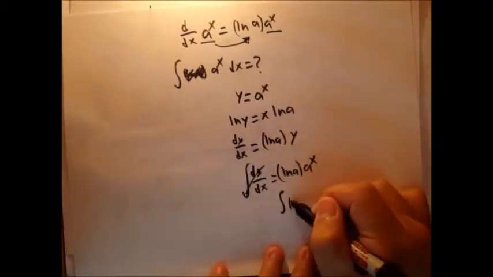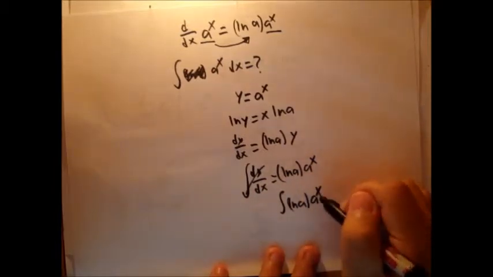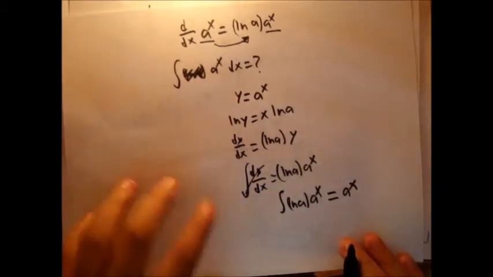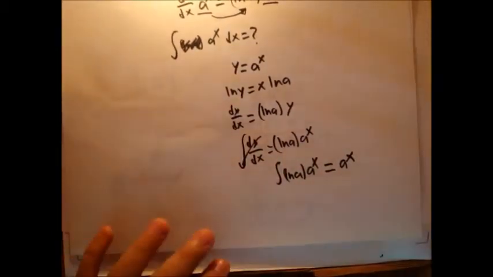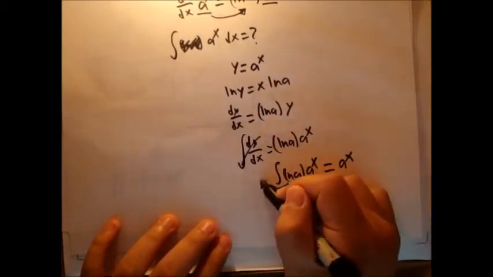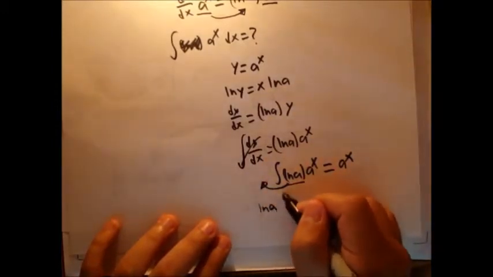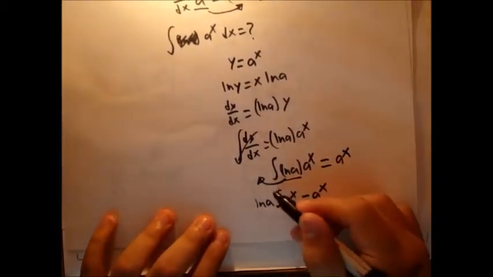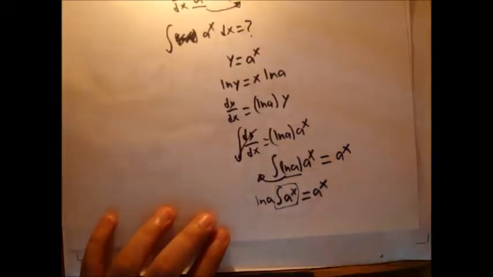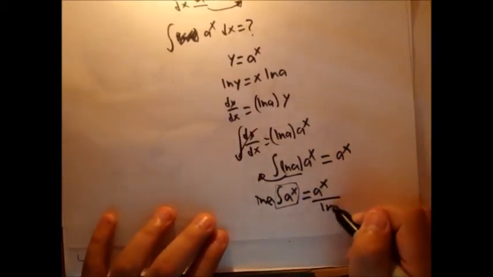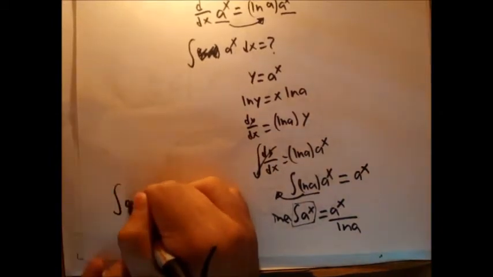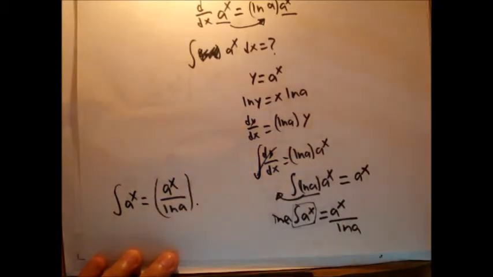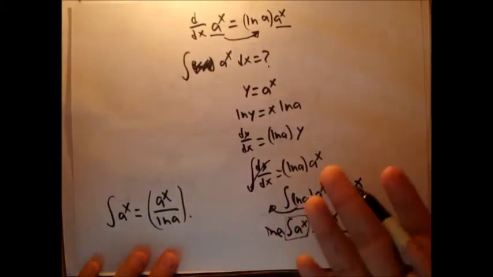In other words, the antiderivative of ln a times a to the x is simply a to the x, because the integral would take us back to where we were if we took the derivative. Well, now we're almost done. ln a is a constant, which can be removed from an integral. So that's ln a times the integral of a to the x equals a to the x. Okay, let's actually isolate this integral of a to the x, because that's what we're looking for, right? So we divide by ln a on both sides. And ta-da, what do you get? The integral of a to the x is simply a to the x divided by ln a. And we've just found that using simple differentiation.